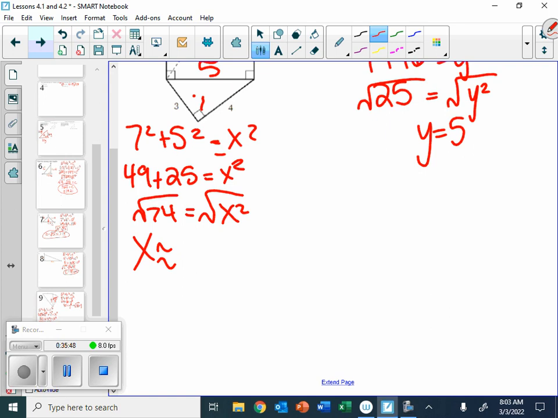Okay, that's x squared. You need to square root that. 8.60, good. 8.60, very good.